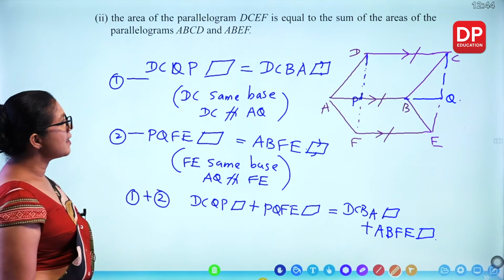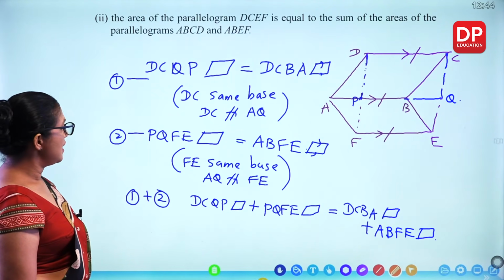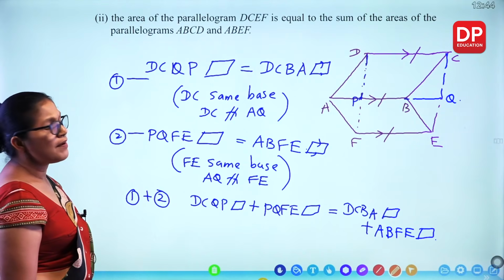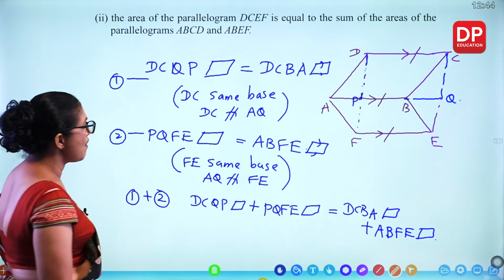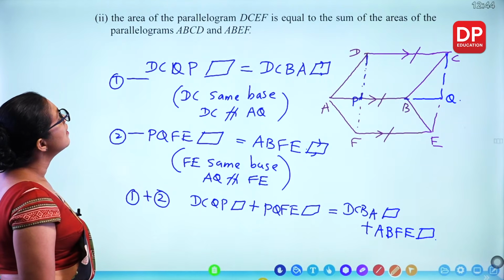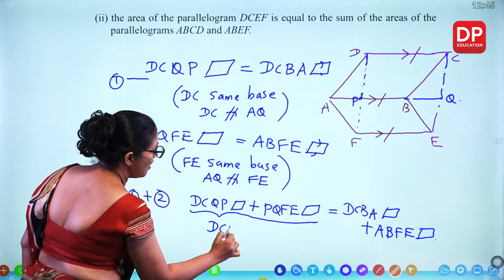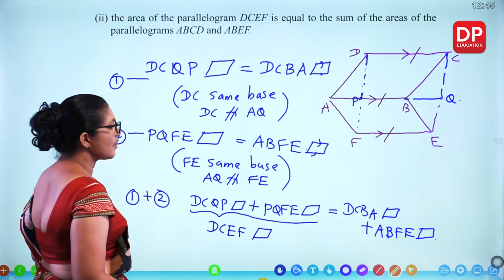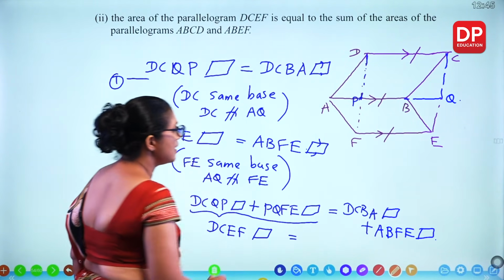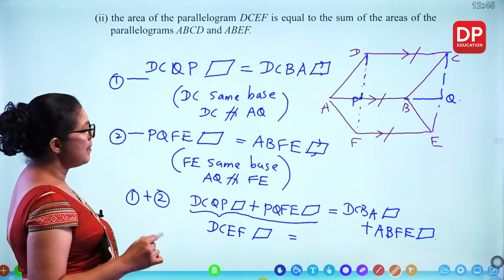Now look at the diagram and see DCQP and PQFE. What do you get? We get DCEF parallelogram. What's the other side? DCBA and ABEF.